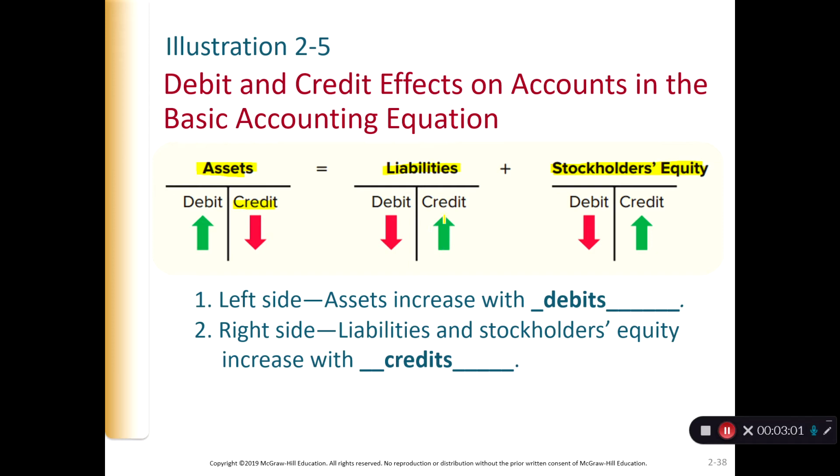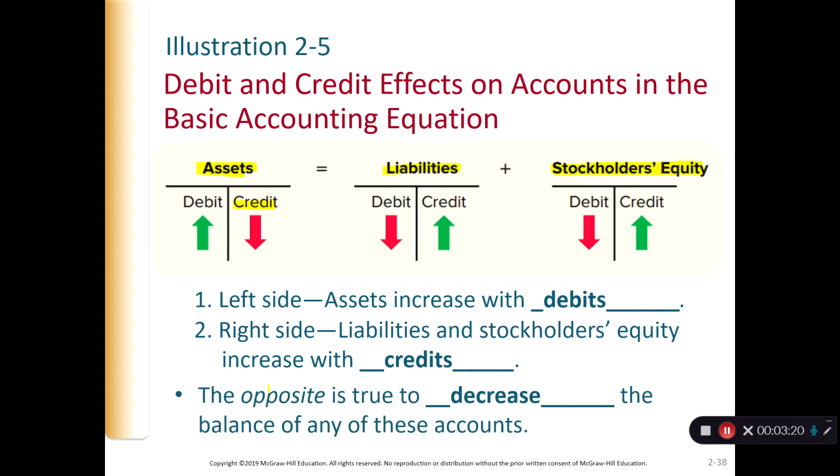So when there's an increase, the green arrows, in liability and equity accounts, we record the increase using credits, right? Okay, the opposite is true to decrease the balance of any accounts.